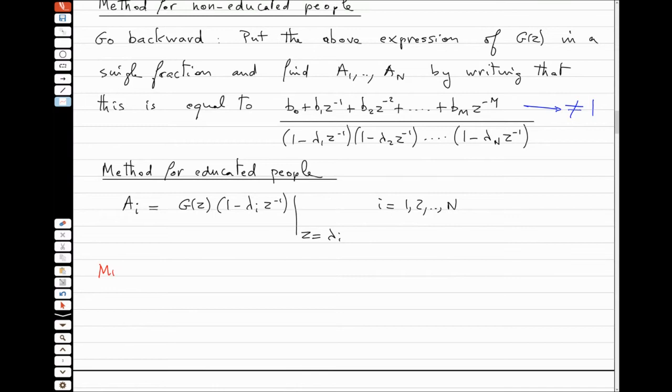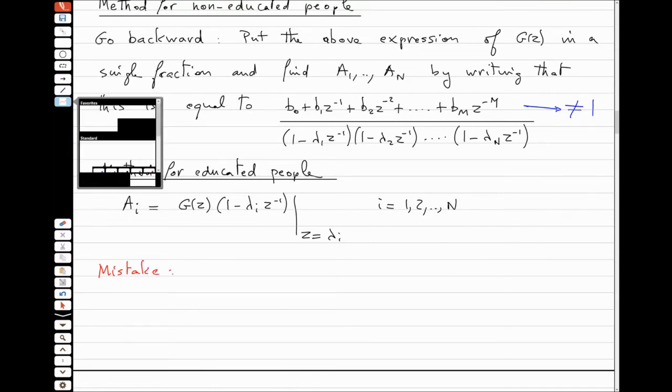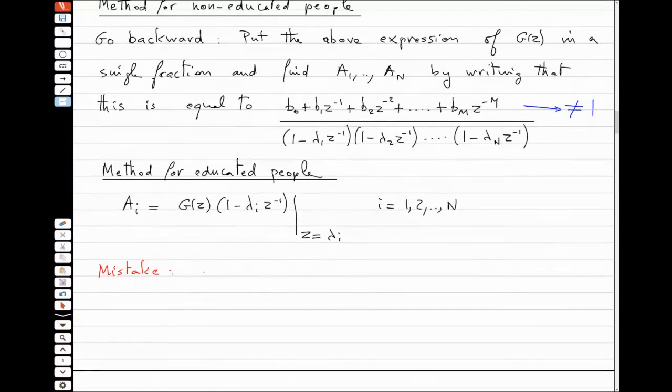Now, typical mistake. Students forget that Z has a numerator which is different from 1.